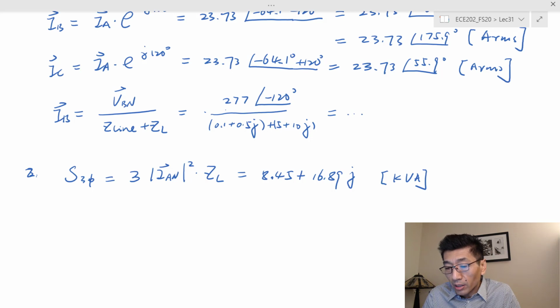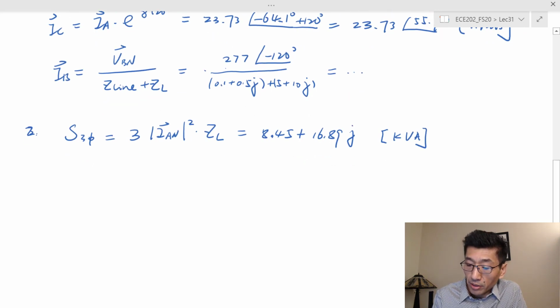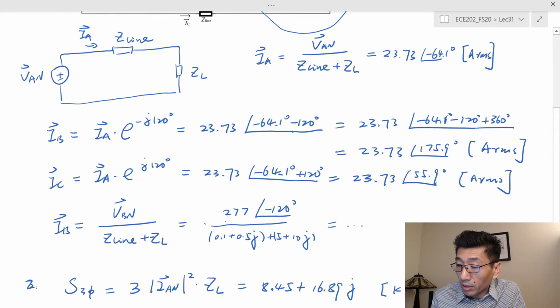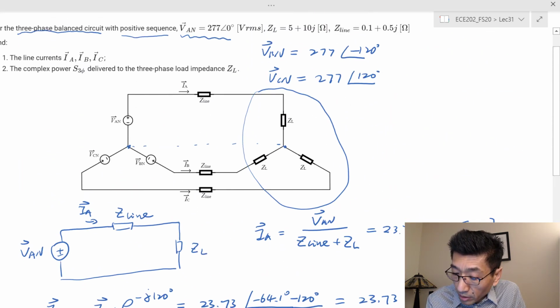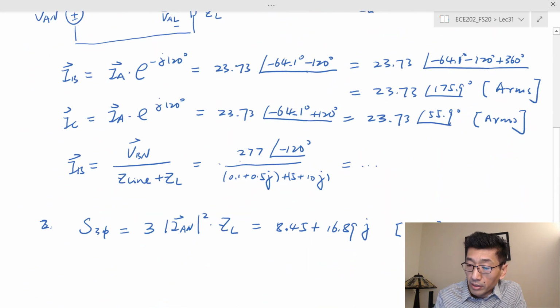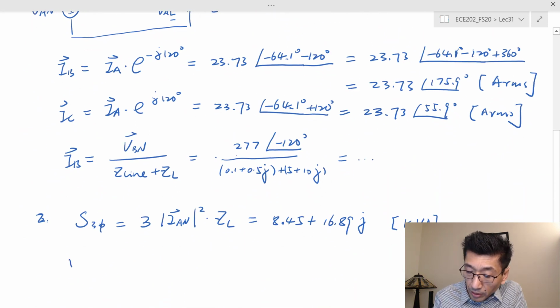Alternatively, if you want to really verify that, you could calculate the voltage across the load, right? Let's say V A sub L, this VA phase. You can also calculate the V sub L. That's an alternative way, which I think is more complicated.